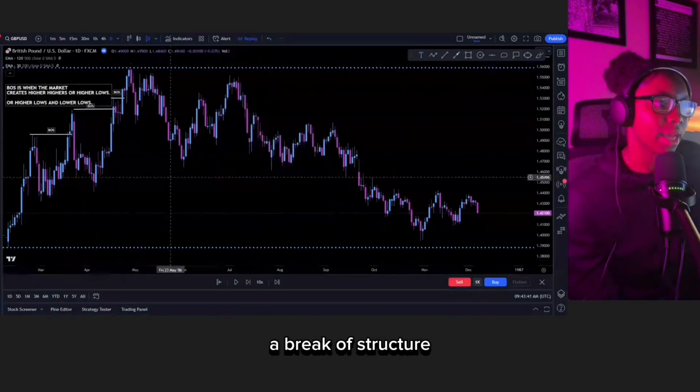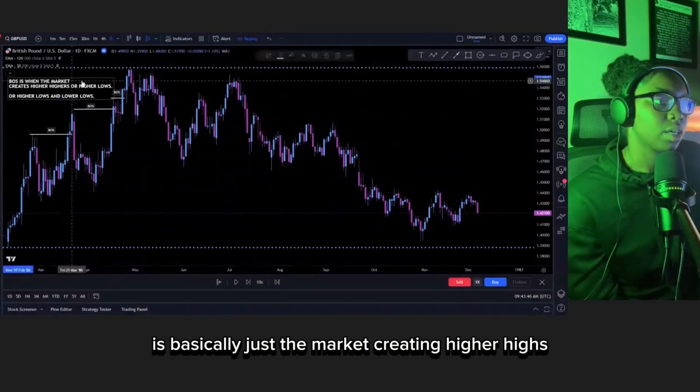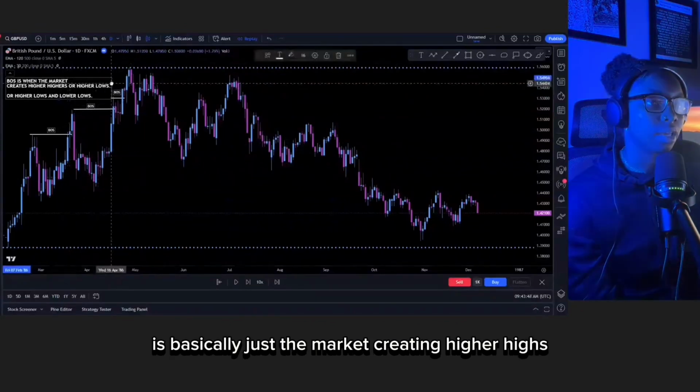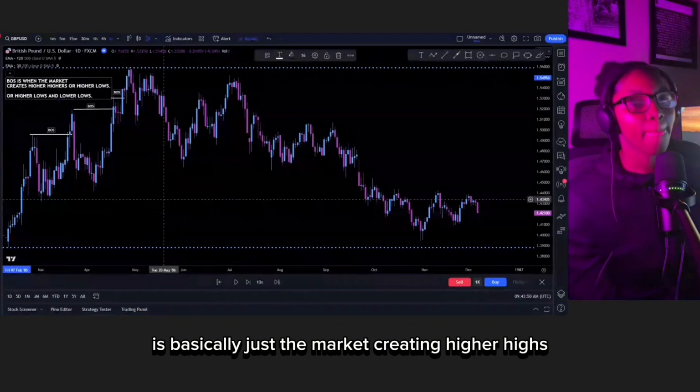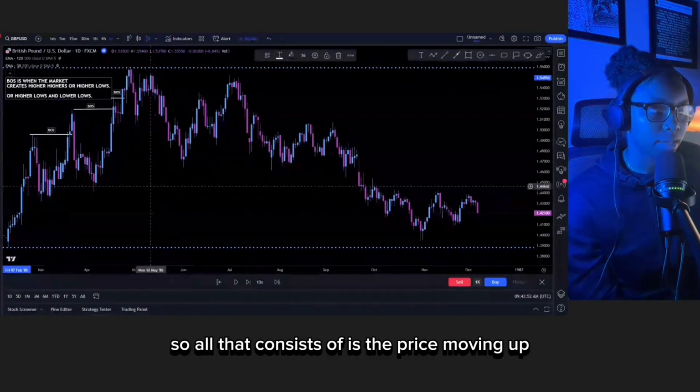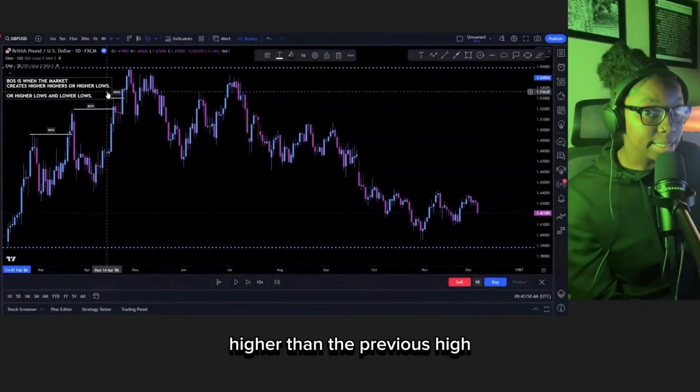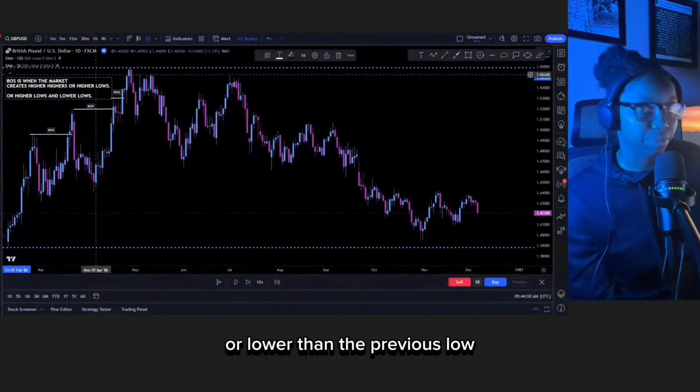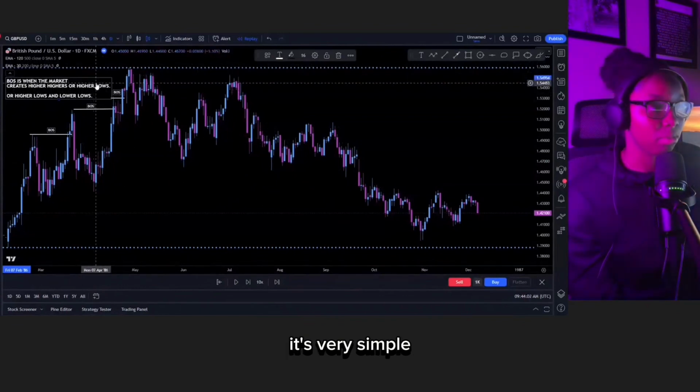A break of structure, guys, is basically just the market creating higher highs or lower lows. All that consists of is the price moving up higher than the previous high or lower than the previous low. It's very simple.